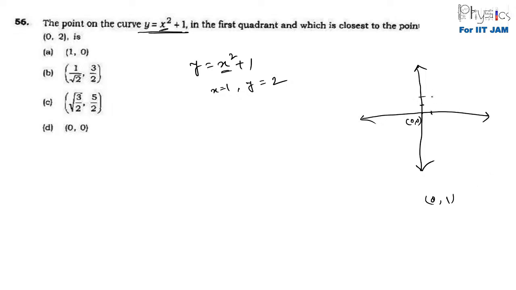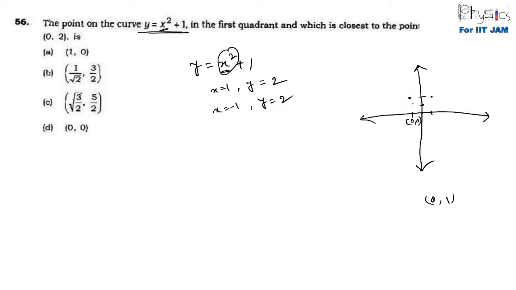Next, if x equal minus 1, then y equal again 2, because minus 1 square is 1, plus 1 is 2.